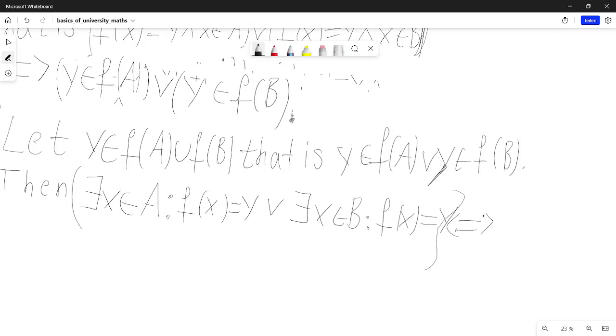We have already seen something like that, right? f of x equal y. Let's not take necessarily equivalent, we only need one direction. But of course we could also do equivalent, but don't need that.